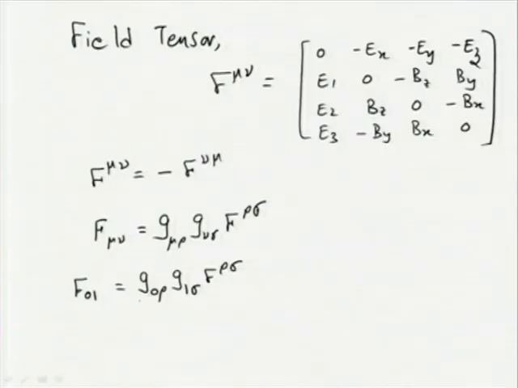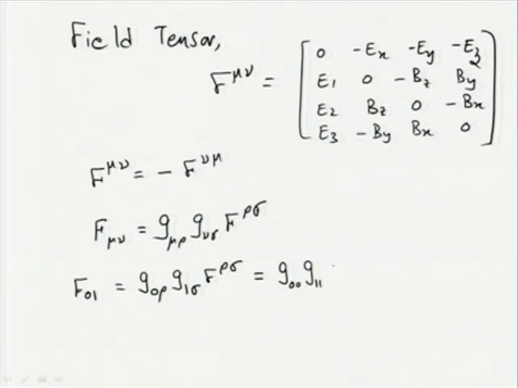G00 is 1, and G with 0 and any other index vanishes. So, the only non-vanishing term you get here is G00 with rho equal to 0, and sigma equal to 1.